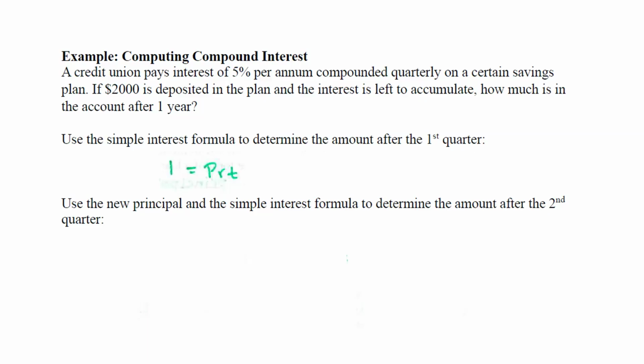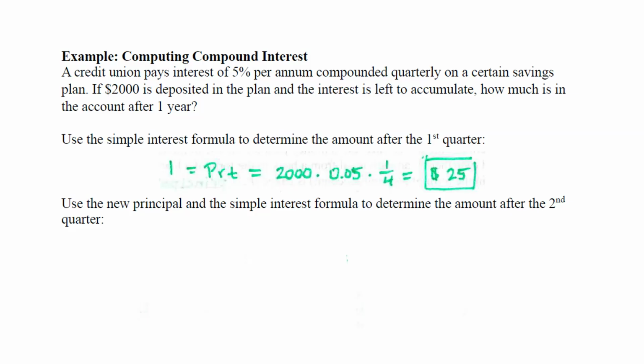The $2,000 is going to be our principal. And for our time, we want to know how much is going to be there after the first quarter. So the first quarter is 3 months into the year. So 3 months into the year is 1/4. So we'll enter those values into our formula, multiply them, and we get $25.